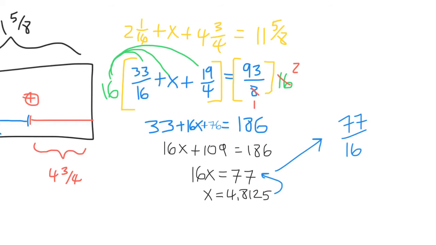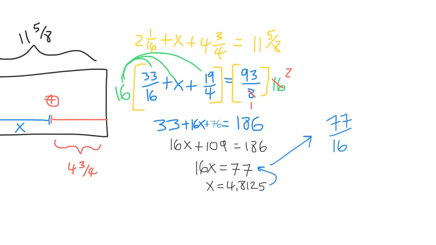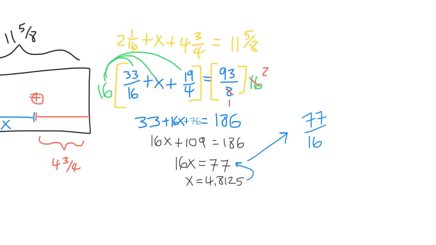Well, this is old school, that strategy of turning an improper fraction back into a mixed number, in which case it would be 77 divided by 16. You just go old school long division with it. 16 times what gives you 77?